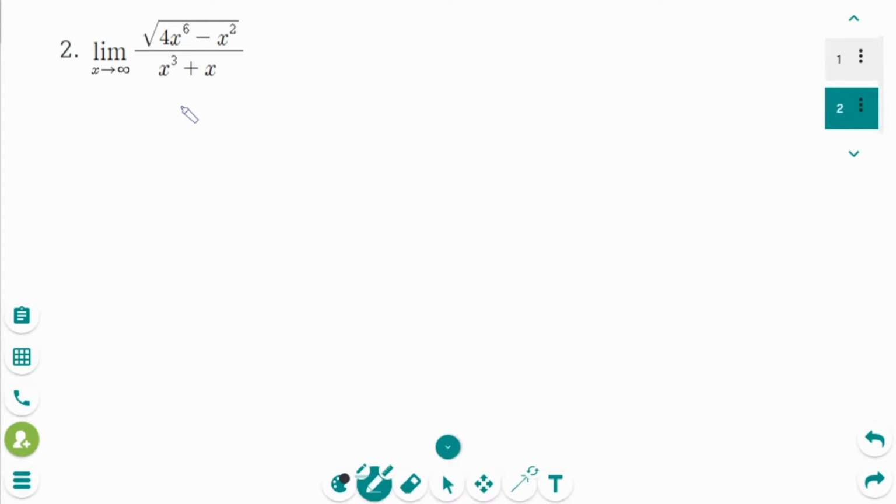This is the next question. Here we have the infinity over infinity form. So we need the highest power of x in the denominator. What is it? It's x cubed. So multiply each side by 1 over x cubed.